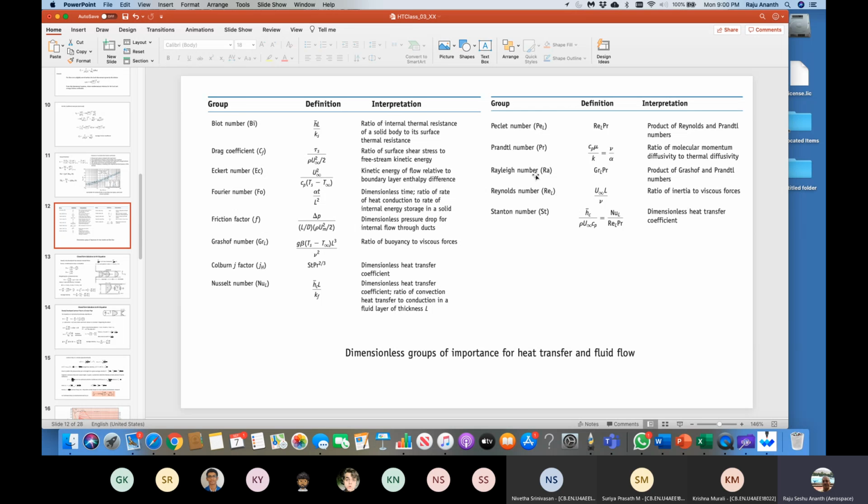Another term in natural convection is the Rayleigh number, which is the Grashof number multiplied by the Prandtl number. And the Reynolds number based on length L is the mainstream velocity multiplied by L divided by the kinematic viscosity. So you may want to refer to this page to make yourself familiar with these non-dimensional numbers.